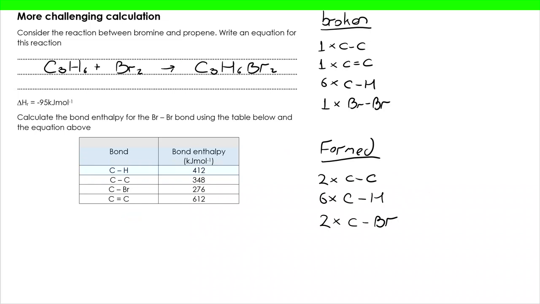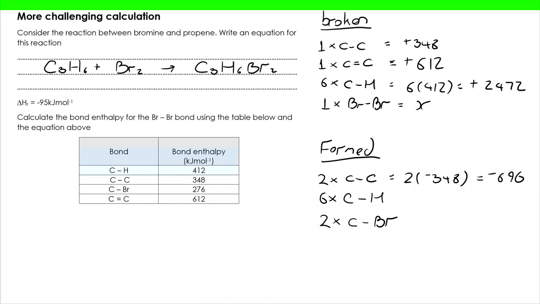Now, as I put the figures in, you can see we have a slight difference in how we've tackled these previous calculations, because we're calculating the bond enthalpy for BR-BR. So I've got all of the rest of them. I put those in. I do the same for the bond formed.